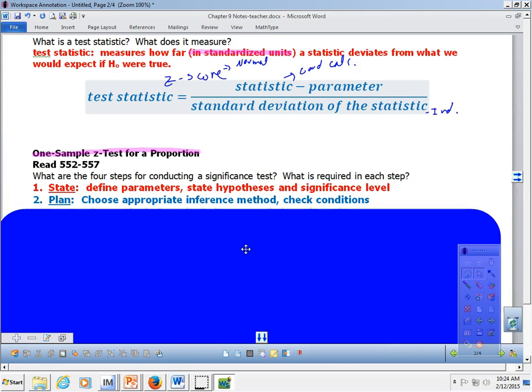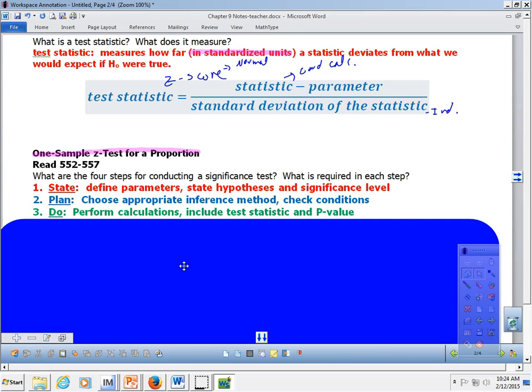We'll show all this in just a second. Plan it out. What inference method are you going to use? And go check your conditions. Make sure that you do so specifically enough that it makes sense and that everyone knows what you're talking about. And then go do it. Perform calculations.